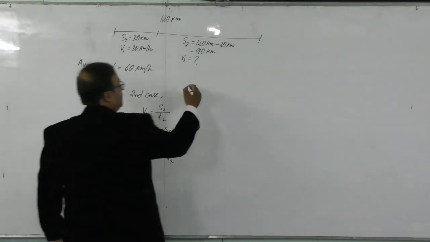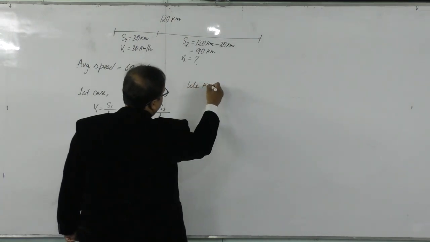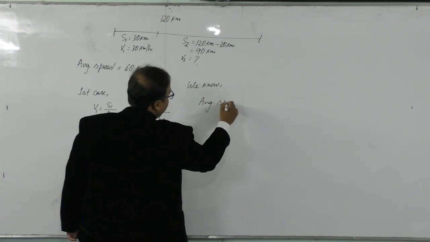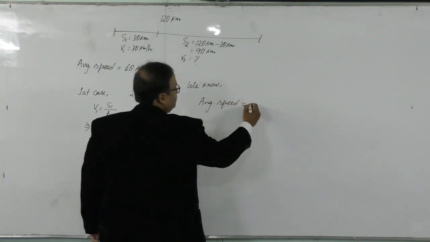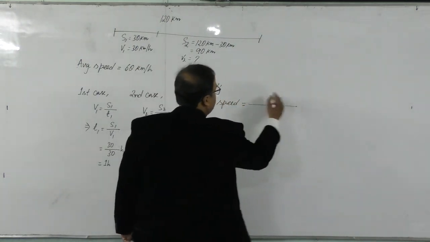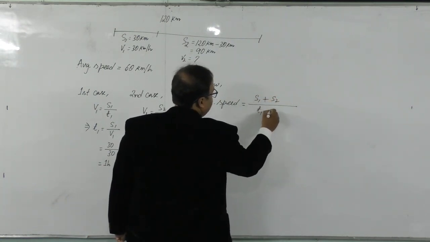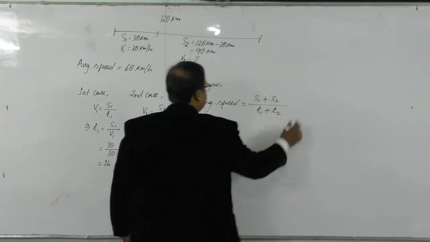And we know that average speed is equal to total distance covered, S1 plus S2, by total time taken, T1 plus T2.